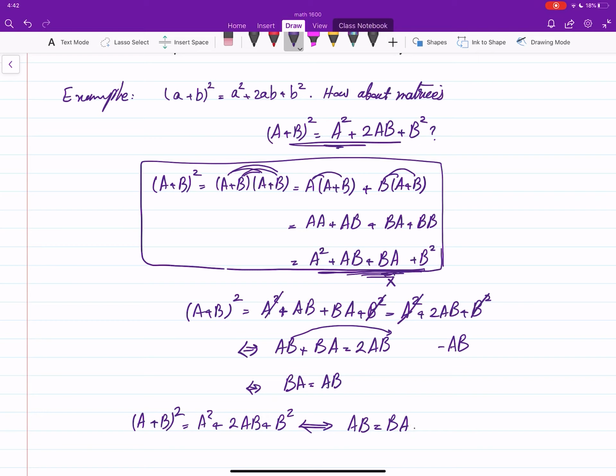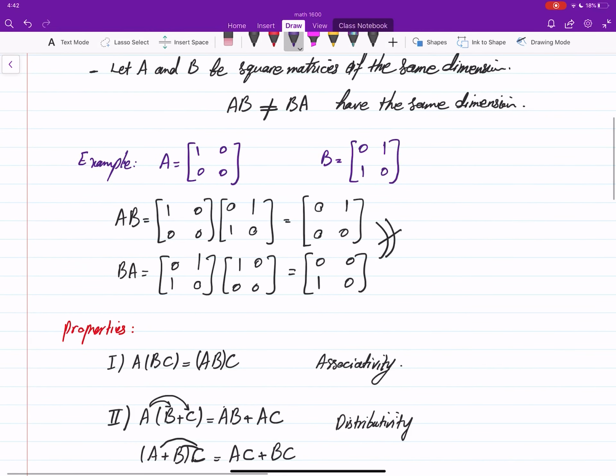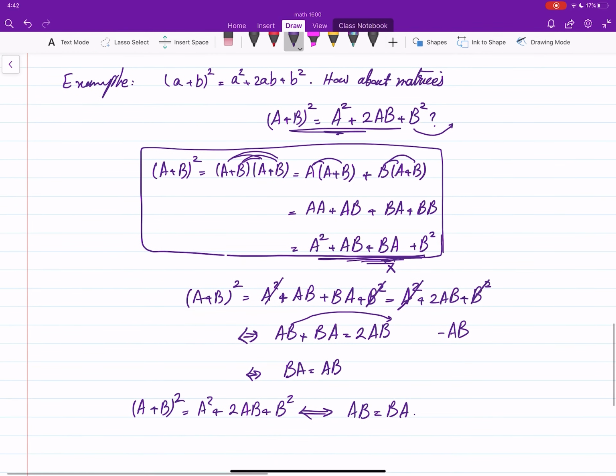So if someone wants to find a counterexample for this equality, you just need to go up there, to the example that we had for these guys. You will see if you do A + B then square, it will be different than A squared plus 2AB plus B squared, because these don't commute. So in general with identities, you have to be careful and do it step by step and see whether the identities hold or not.